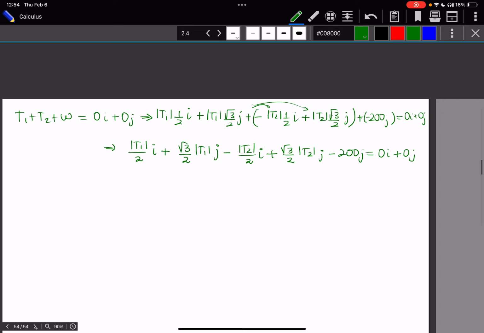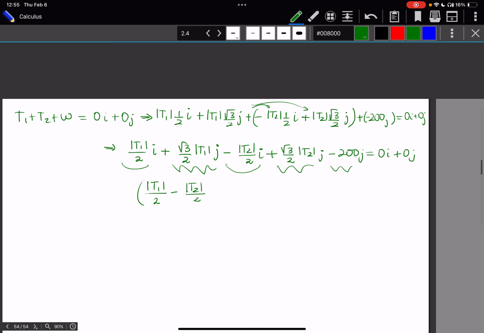And now we're going to collect like terms, or same thing, we're going to add vectors going component-wise. First components get added up. Second components get added up. So we have magnitude of T1 over 2 plus, or better, minus magnitude of T2 over 2.